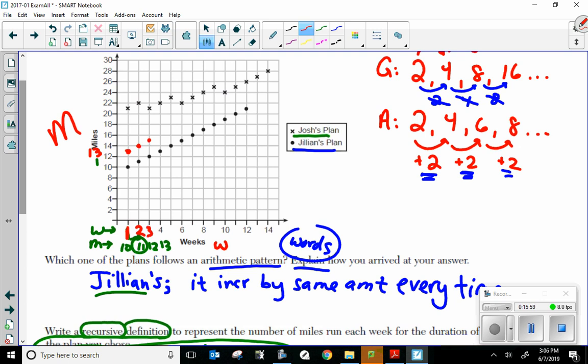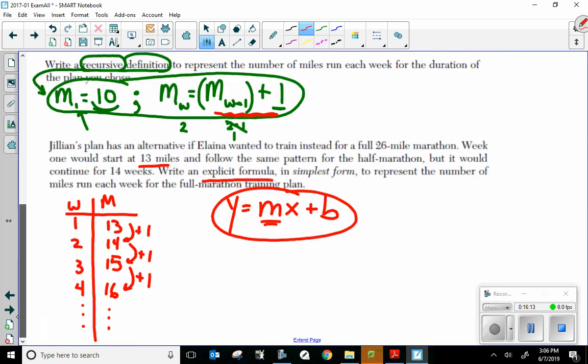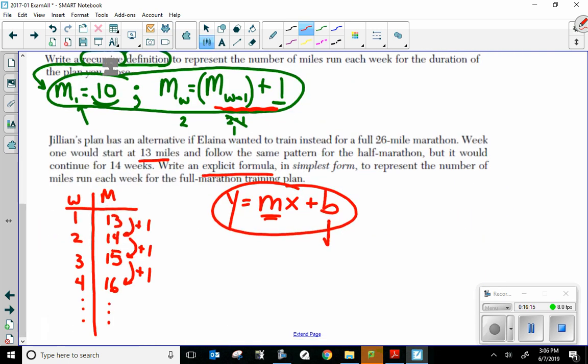At week 4, I'm going to be at 16, and so forth. So the line would kind of go up parallel, but look where it comes down. Boom. Week 0 is 12. Why is this 12 important? That's the y-intercept, isn't it? My y-intercept would be 12. Plus my slope is still 1, so it's 1x.